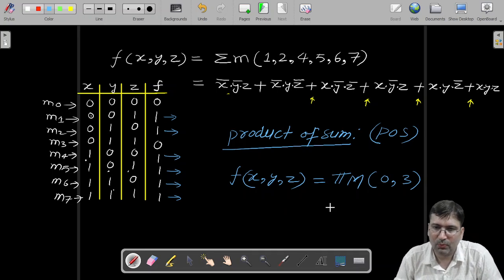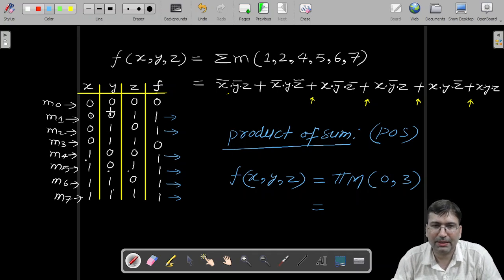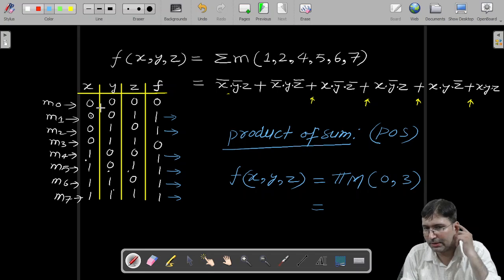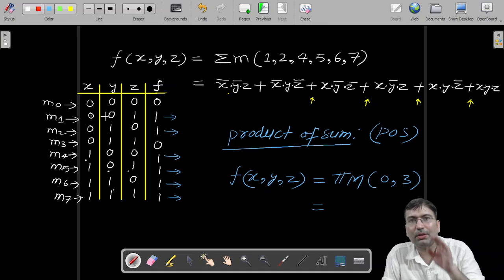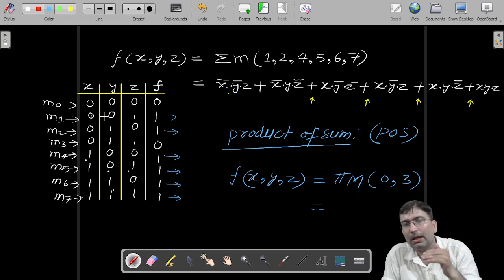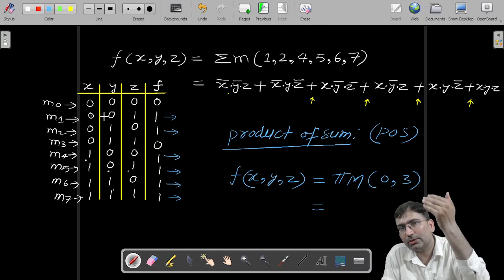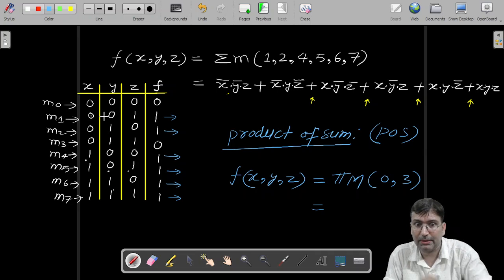If we represent this in terms of product of sum, in that case 0 will be represented like this, so here we use negative logic. I told you about positive logic and negative logic. In positive logic, high is represented as 1, low is represented as 0. In negative logic, 0 is represented as high and 1 is represented as low.